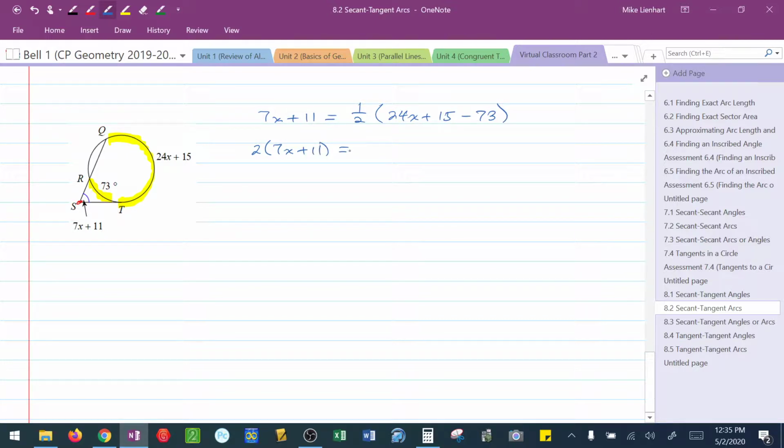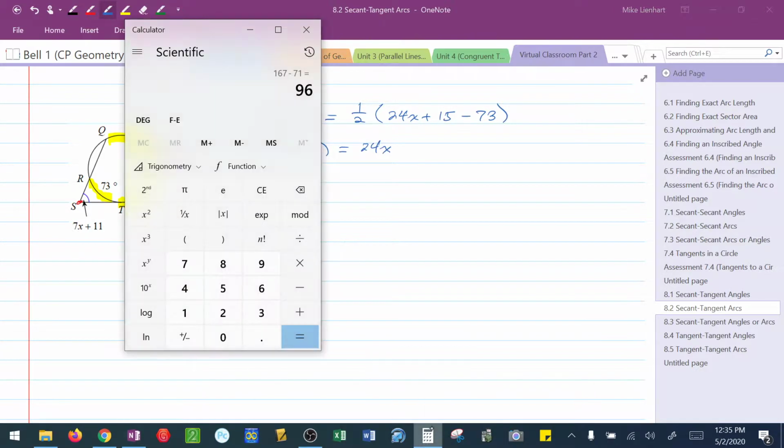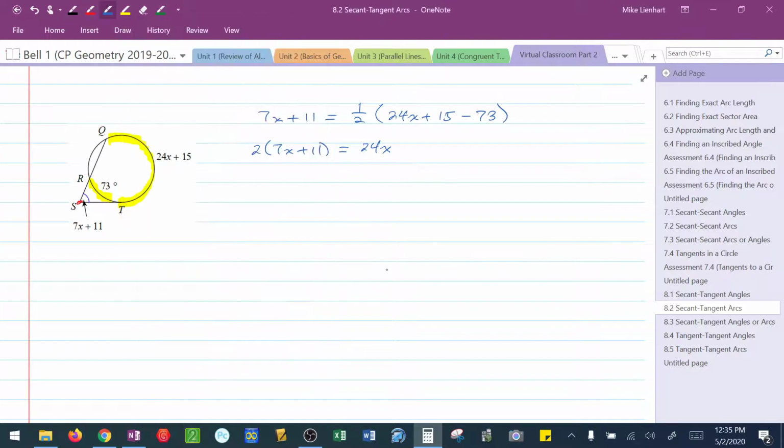On the right side, I've got 24x, and if I take 15 minus 73, I get negative 58. I'm going to distribute, so 14x plus 22 is equal to 24x minus 58.